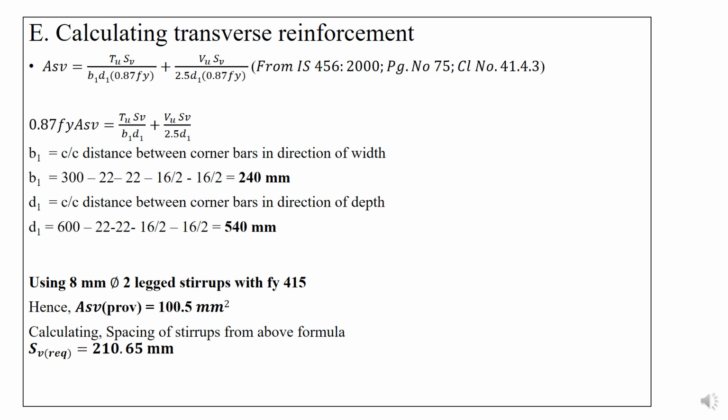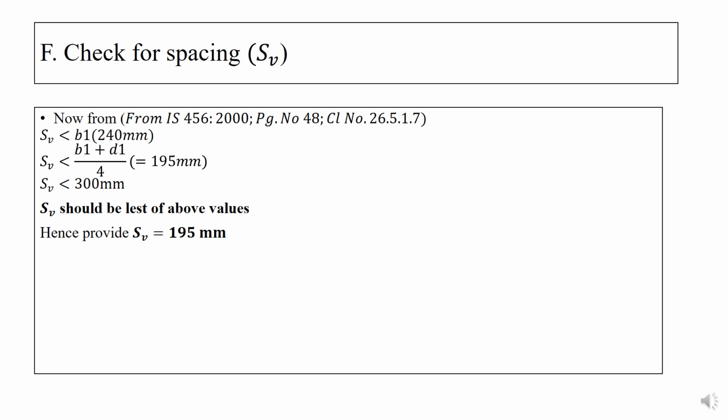Now to confirm a particular SV given for spacing, on page number 48 under clause number 26.5.1.7, SV should be less than either B1 or B1 plus D1 by 4, or less than 300, least of the above. So for this particular problem, it turns out to be 195 mm. So we have provided spacing of 195 mm.